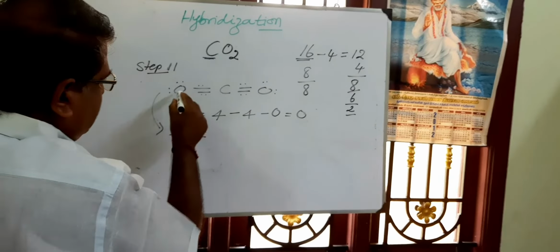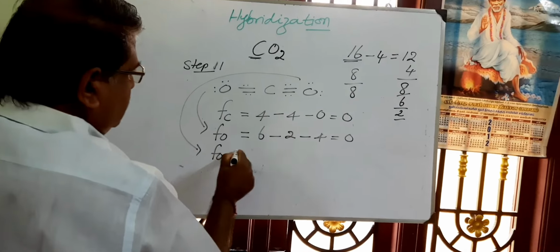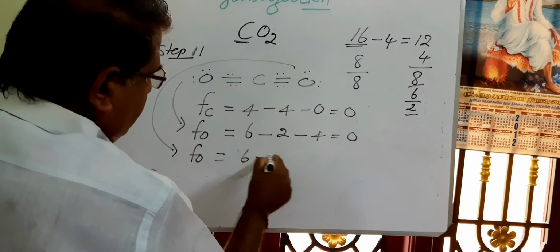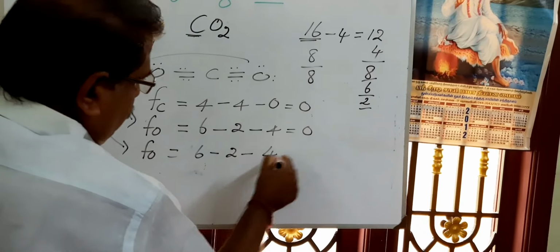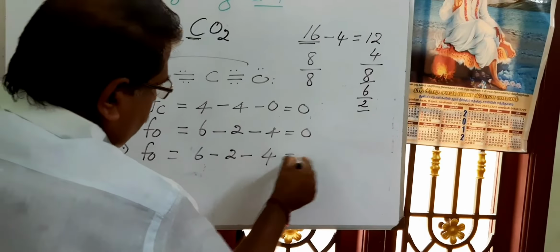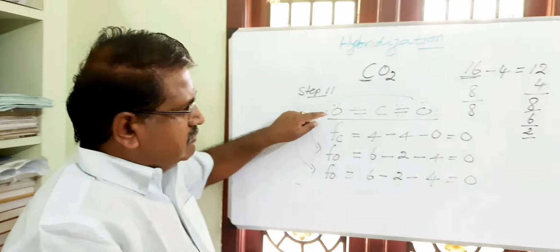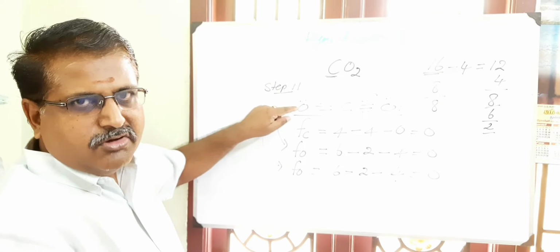So 0. For this other oxygen, the formal charge is similarly 6 minus 2 minus 4, which is equal to 0. So this is the correct structure of carbon dioxide, because the molecule is neutral and each atom fulfills the octet rule. This is the structure of carbon dioxide.